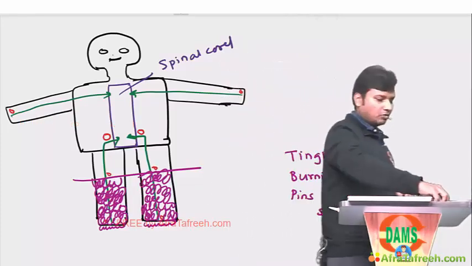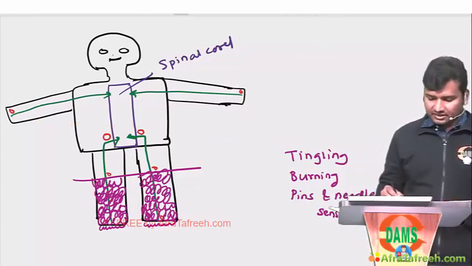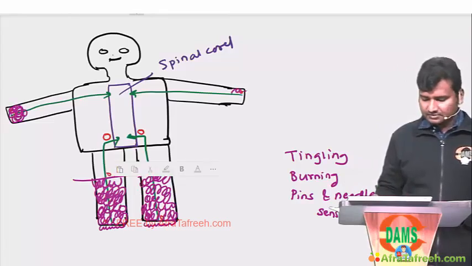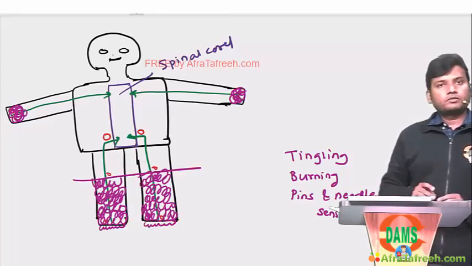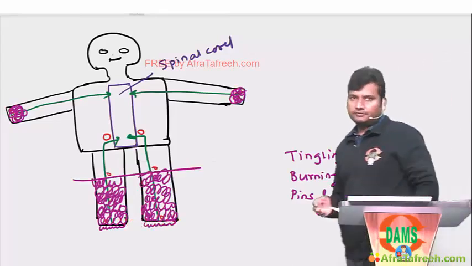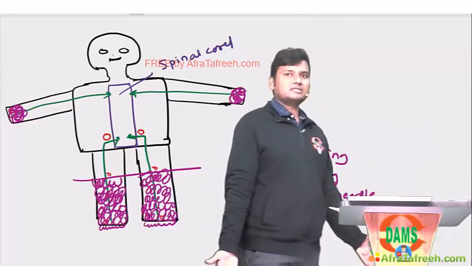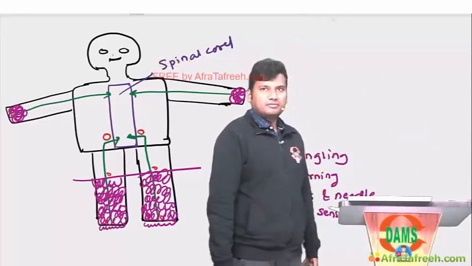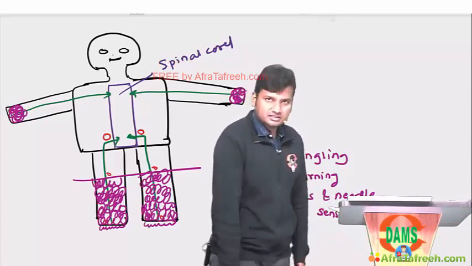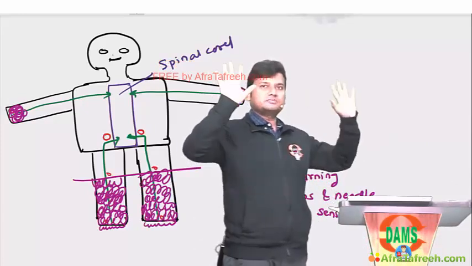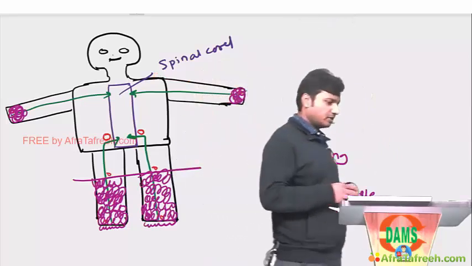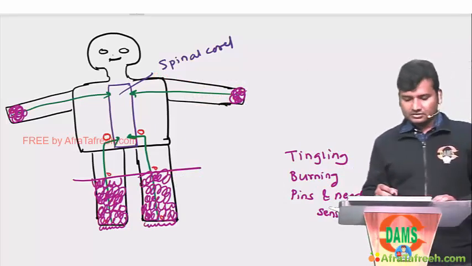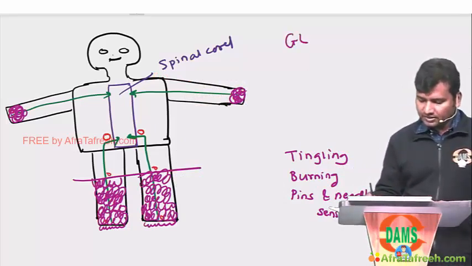So now the patient will have tingling, burning, pins and needle sensations on the hands. Clinically, if you just stand and see the position of our hands, our hands are touching the mid-thigh level. So when neuropathy reaches the mid-thigh level, clinical features begin in the hand.